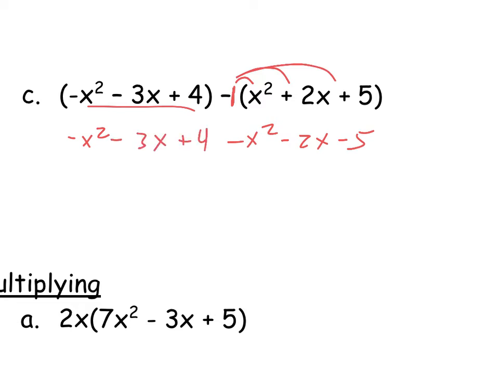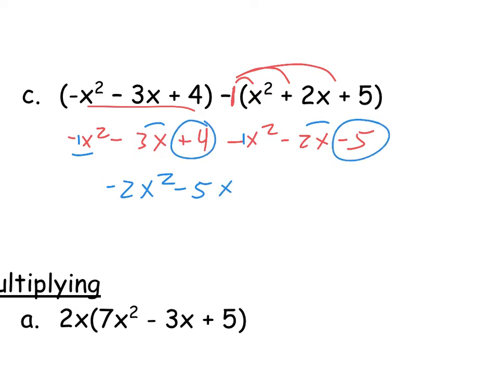Some people like to do that too. You can do whatever you want. But once you run that negative through there, you can drop parentheses. Okay, so negative x, that's negative 1x squared. Negative 1x squared, that's negative 2x squared. Then you have this negative 3x and negative 2x. That's going to give you negative 5x. And the constants, 4 and negative 5, that's going to give me -1. And there we go.